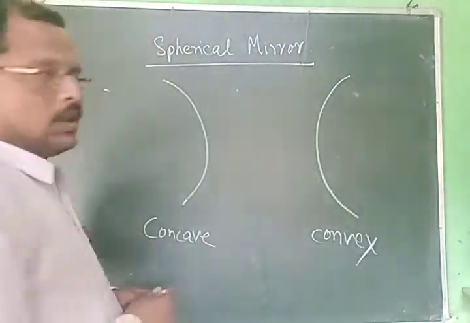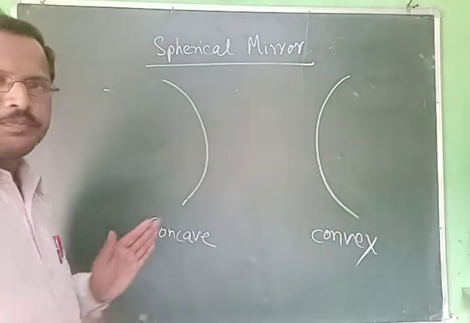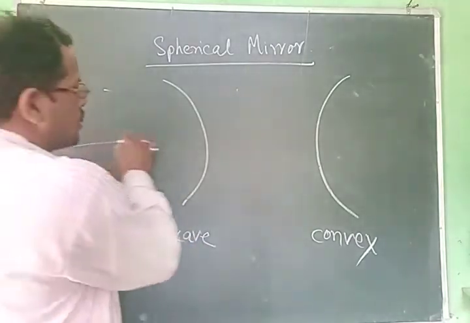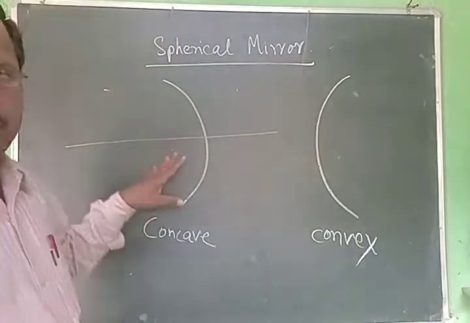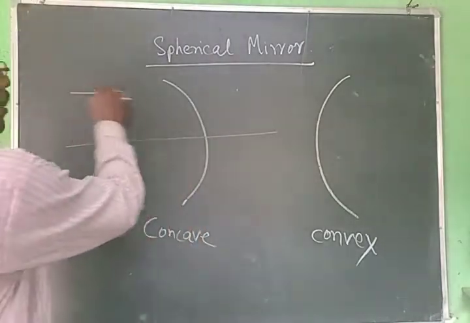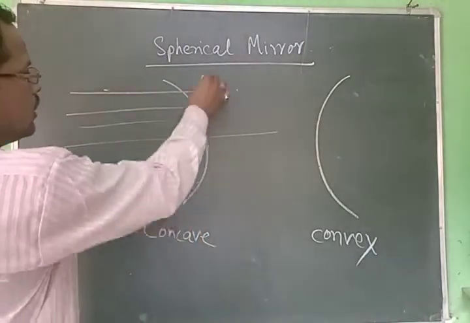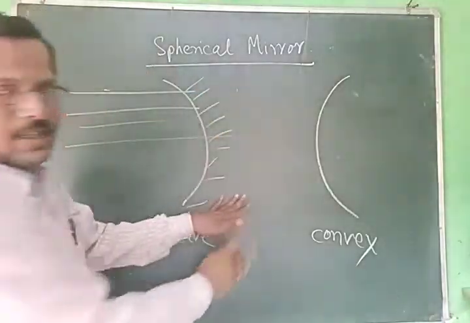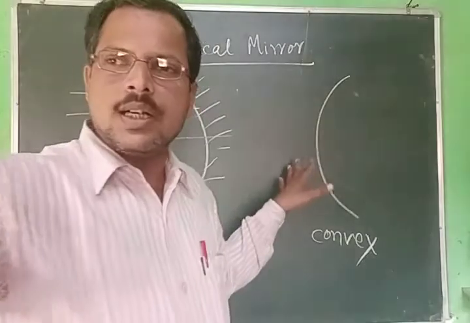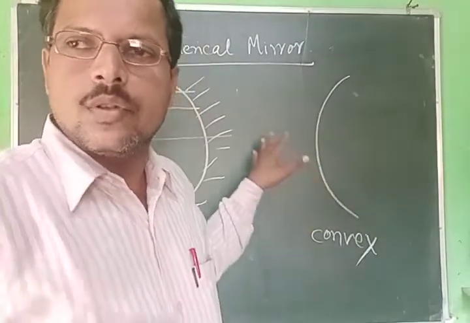So suppose this is the principal axis, in the case of a concave mirror. This is the back side of the mirror. Nothing is here, in the back side there is nothing.